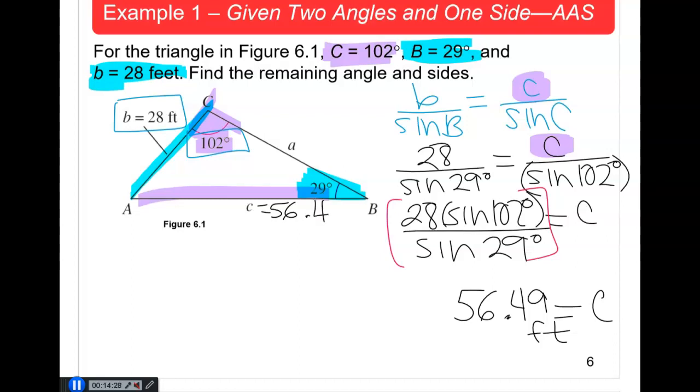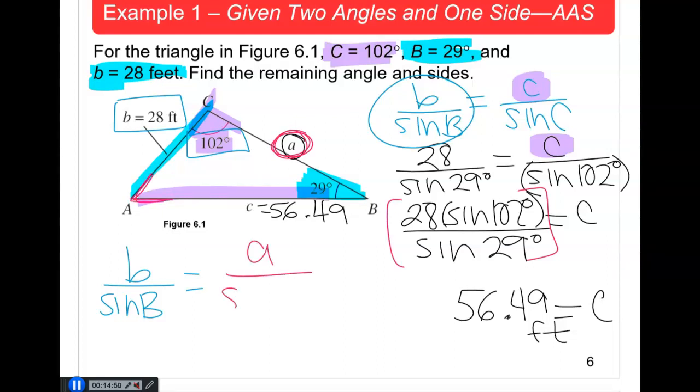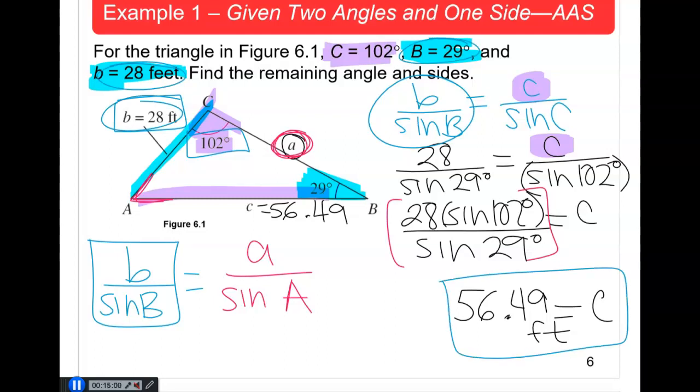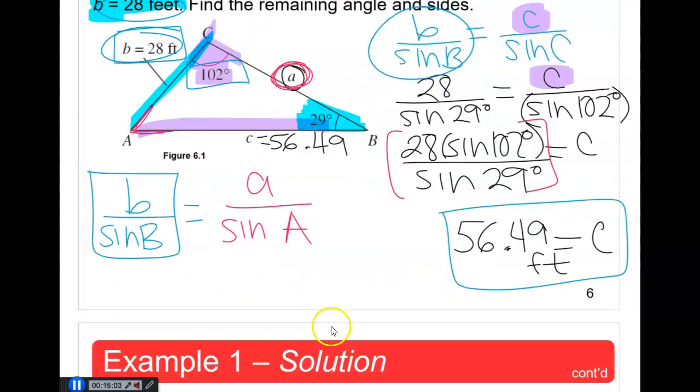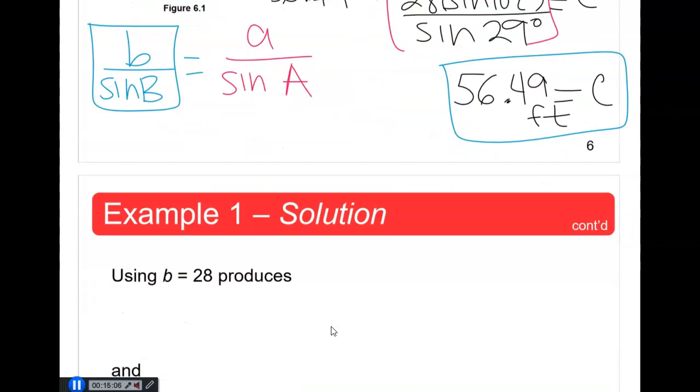So to find my remaining side, which is A, I'm going to use what was given to me. So I'm going to keep using this part of the equation. So it's going to be B over sine B. And now I'm going to go ahead and find A and angle A. So A over sine of A. So it's always good to go back to the original ones that were given to you from the question and not the ones that you found in the process because you had to round and so it could just be wrong by a few decimals.